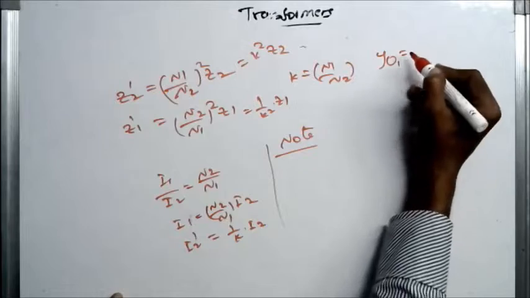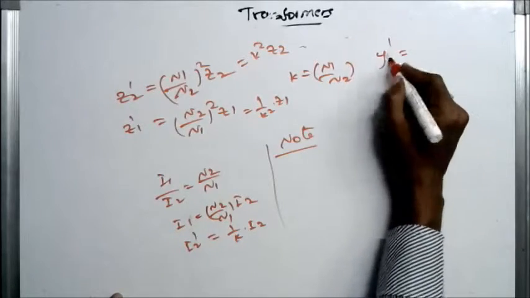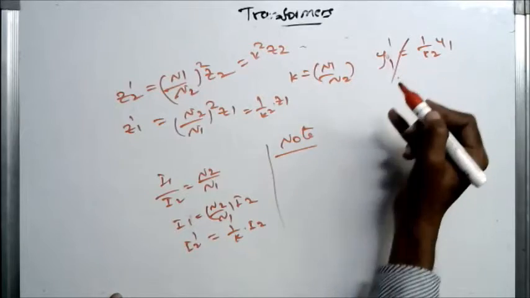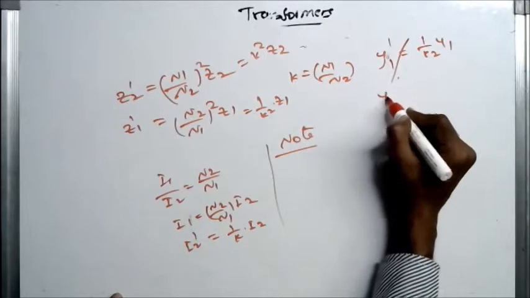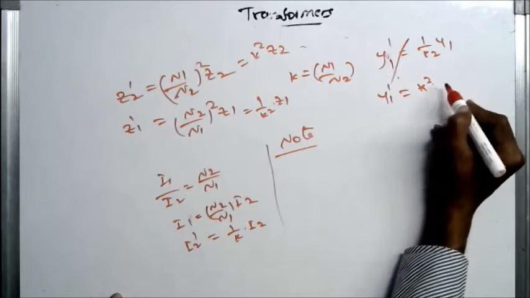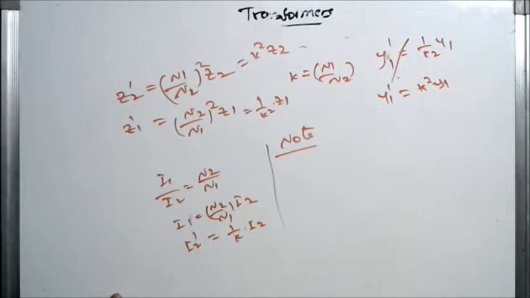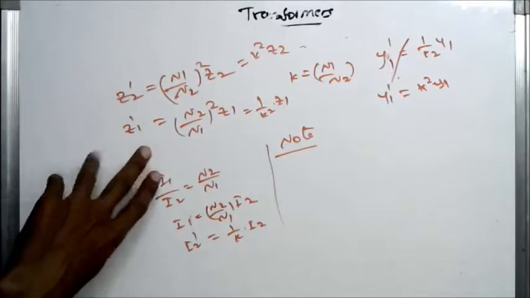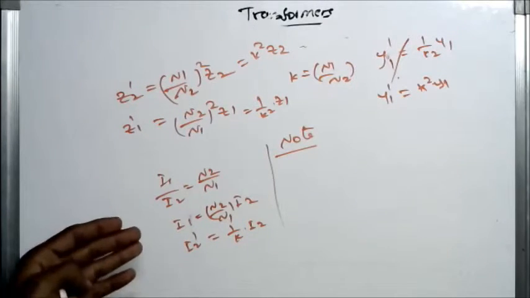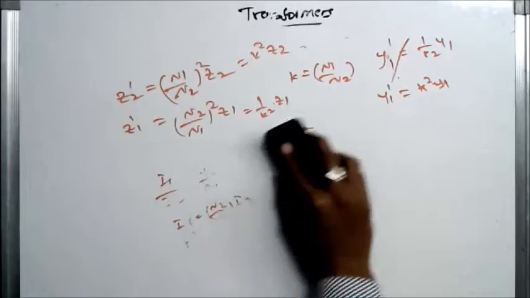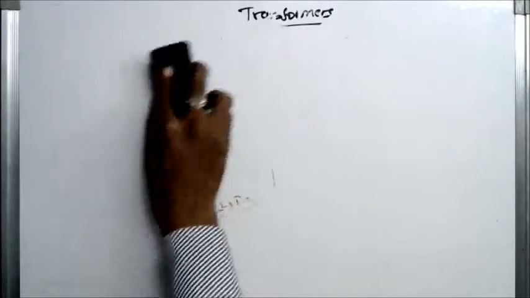Y1 dash is equal to 1 by K square Y1. So this is wrong. Y1 dash is equal to K square into Y1. So there is a reverse situation for the admittances, and the direct situation is for the impedances. This is an important note we have to remember.